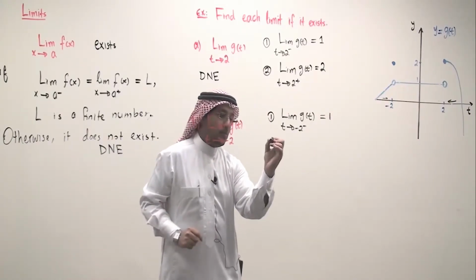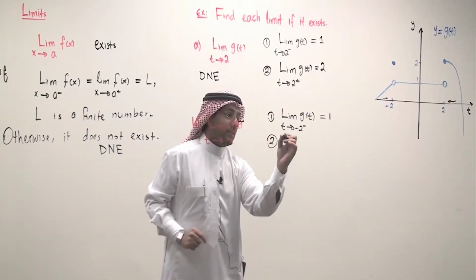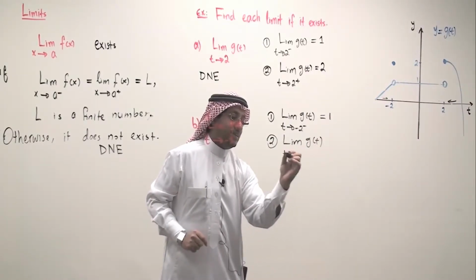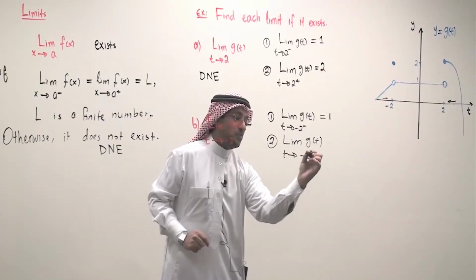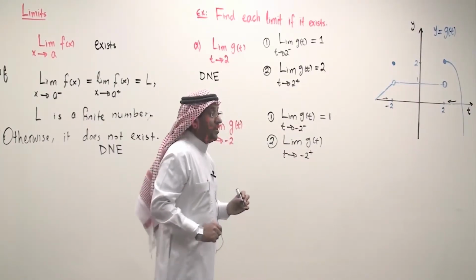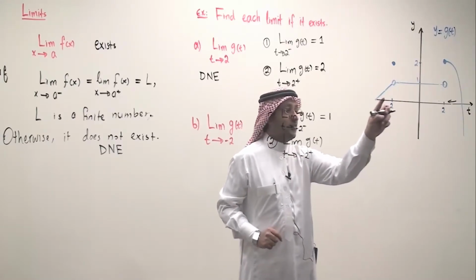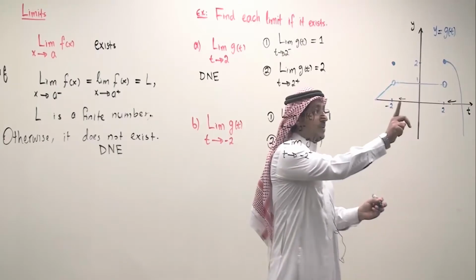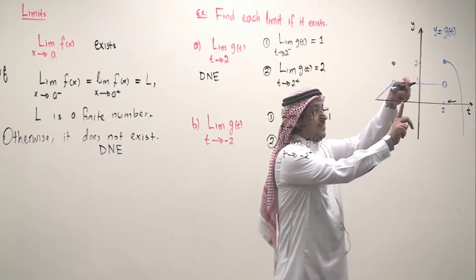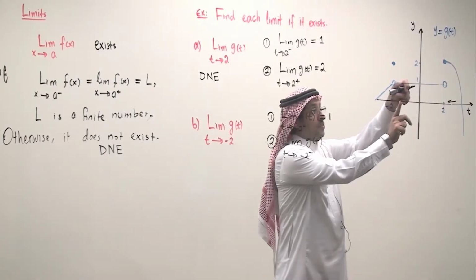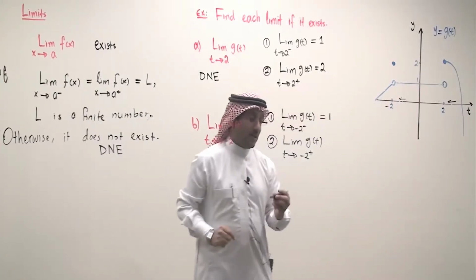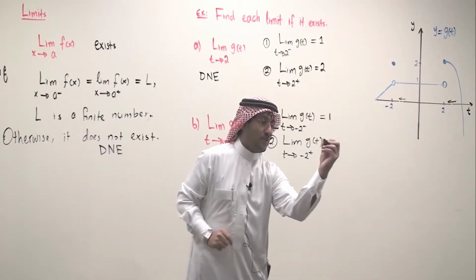Number 2, the limit of g of t as t goes to -2 from the right side. Now, when t goes to -2 from the right side, it's from this side. So here are the values of t, and these are the values of g of t. As t goes to -2 from the right side, you observe that the values are getting closer and closer to 1.